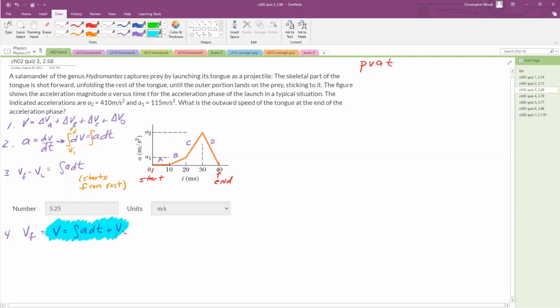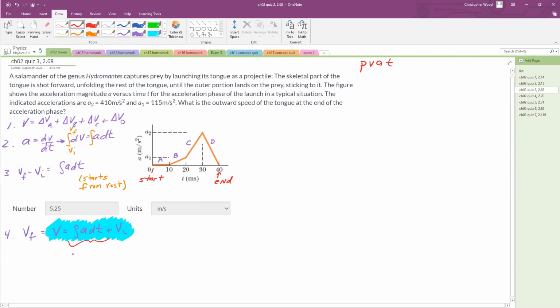And you know what I like about this? I like the fact that I have this integral right here, because I know from calculus, the integral of a dt, let me try that again.